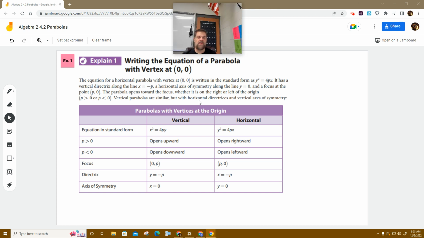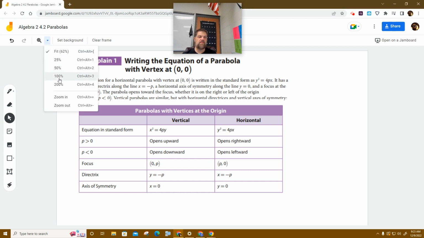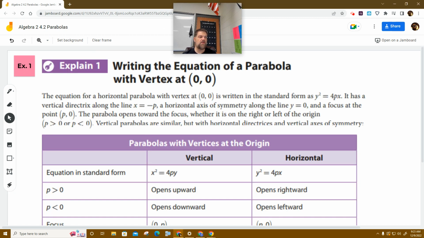So what does all this mean? Well, if I flip this, this was a parabola that was turning sideways, right? So we just solved for this, and that was a horizontal parabola. In other words, when we graph it, it looks like this.